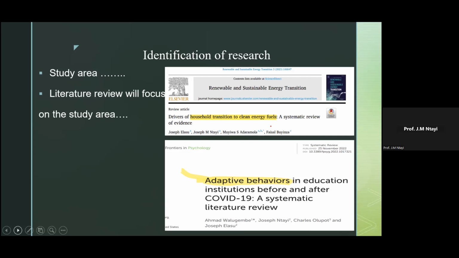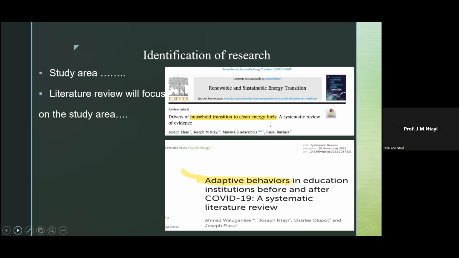In the second paper, published by the professor and the team, you see that we have adaptive behaviors. For now, where we are testing the adaptive behaviors does not matter. Not until the point when you begin to look for the articles. It's then that you look at some of the things and say, okay, I must narrow: adaptive behaviors, but where, in education?